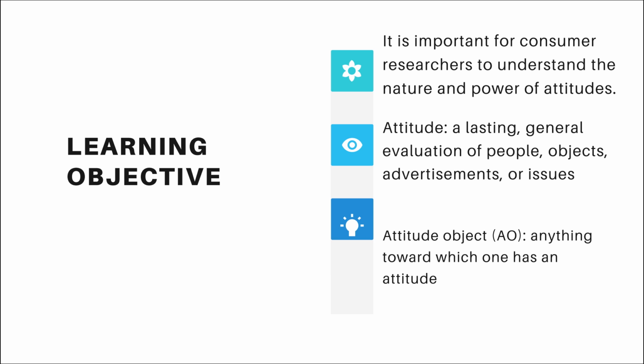And the last one, the attitude object, is about anything toward which one has an attitude. So here we're going to talk about the self-perception theory, like the foot-in-the-door technique.